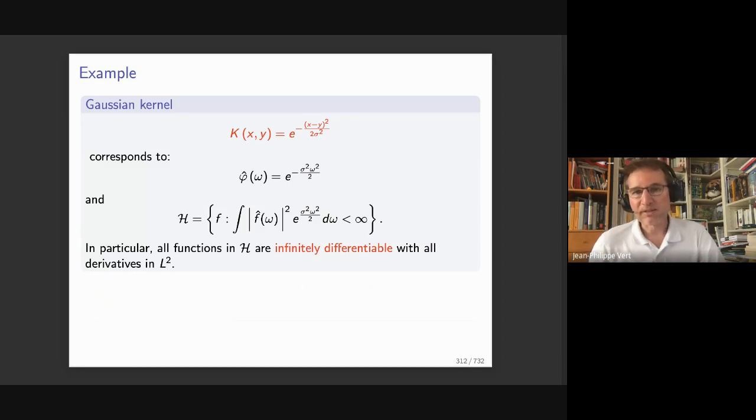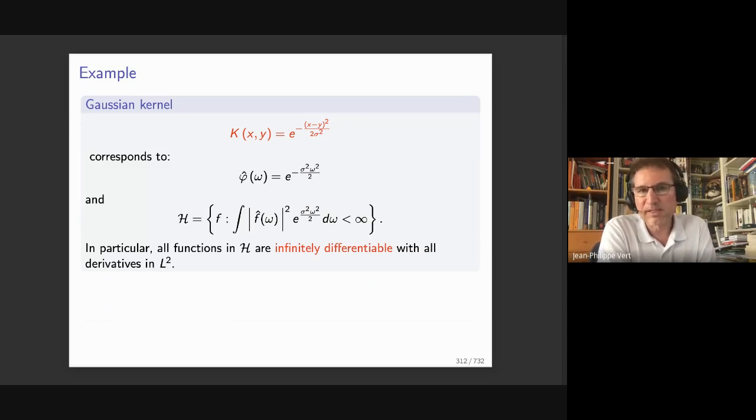And so when you expand the exponential as a convergent series, as a sum of omega to the k over factorial k, what you need is that the Fourier transform of all the derivatives of f has to be finite.